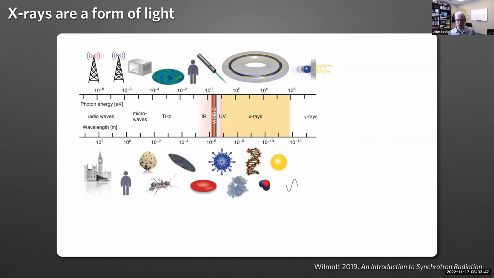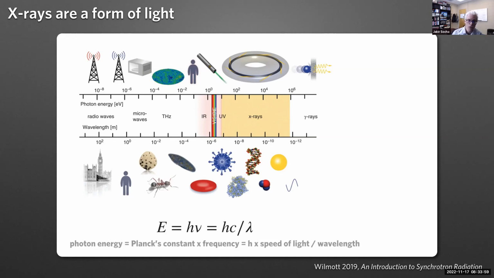Okay, so let's get into how this actually works. To start with, X-rays are a form of light. When we say that these are a light source, it's because X-rays are electromagnetic radiation, where the energy of the photon is equal to Planck's constant times the frequency. That's also equal to Planck's constant times the speed of light divided by the wavelength of that photon.